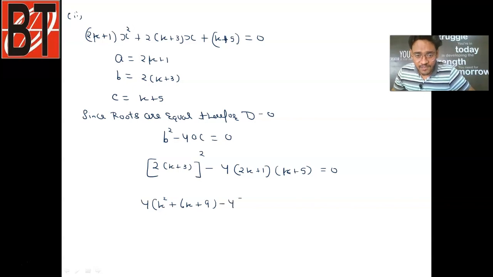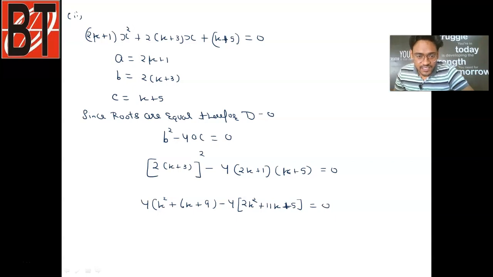If I multiply these two brackets, you may check (2k plus 1) and (k plus 5), I will have 2k into k, 2k square, plus 2k into 5, plus 10k, and plus k, it will become 11k. I am writing directly, it's 11k, and 1 into k, it's plus 5. No problem, students, it's plus 5 is equal to 0.